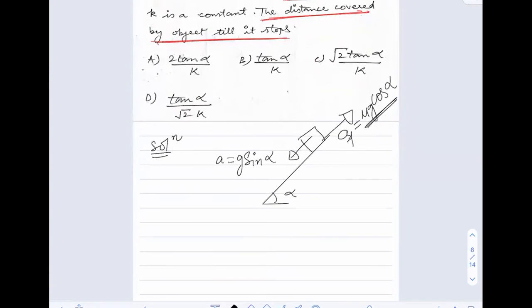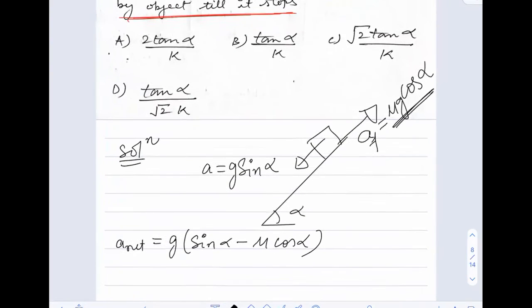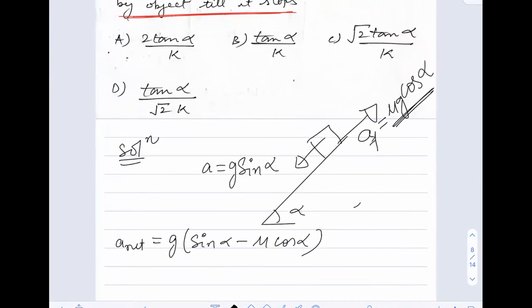So what will be the net acceleration here? I can take g common, and then I will have sine alpha minus mu cos of alpha. And now the mu value is given to me as kx.